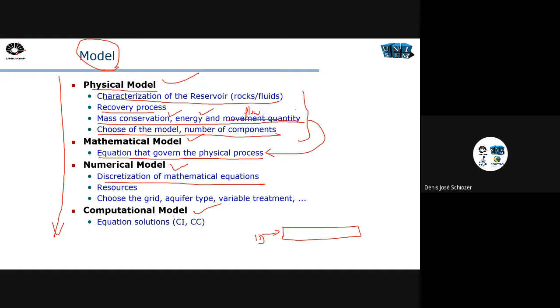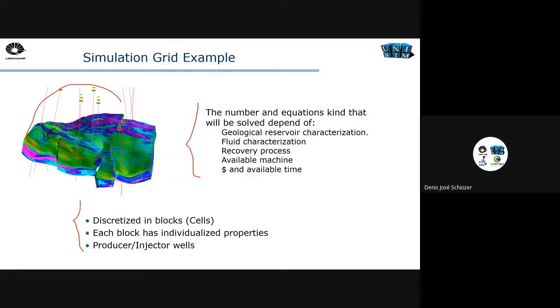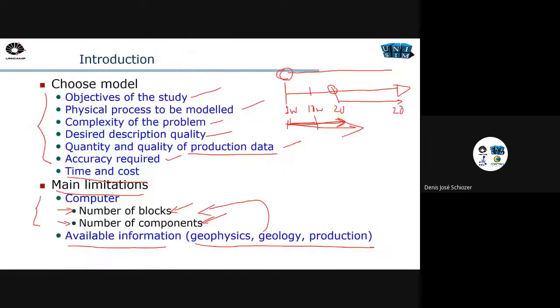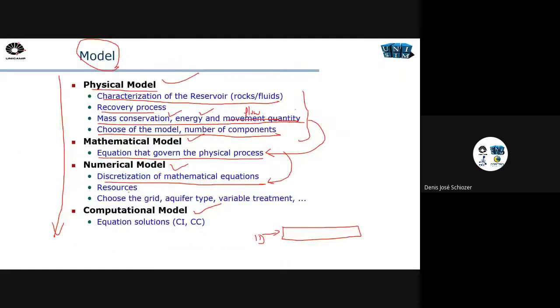But if you are representing a complex reservoir like this one, it's impossible to solve this analytically. So we go into these numerical models. We try to discretize these equations considering these grid conditions here that we consider, right? And then we select the grid, the type of aquifer, the treatment, and so on. See if it's implicit, explicit, and so on, as we have seen.